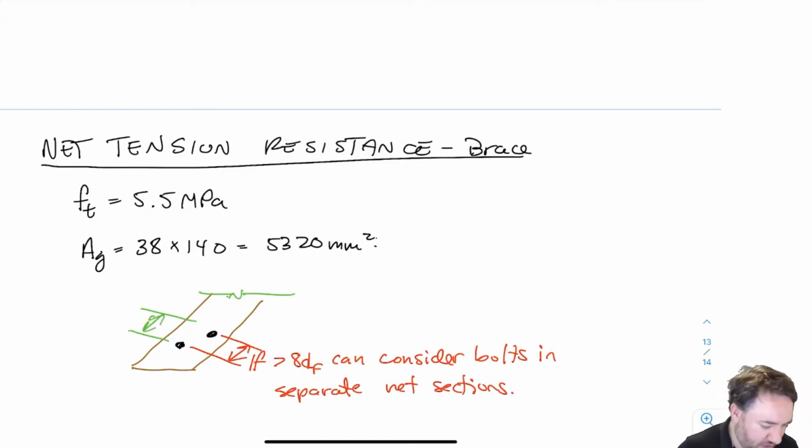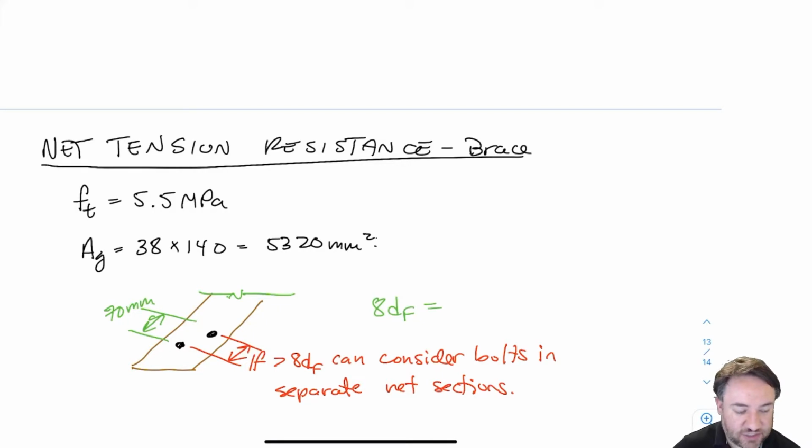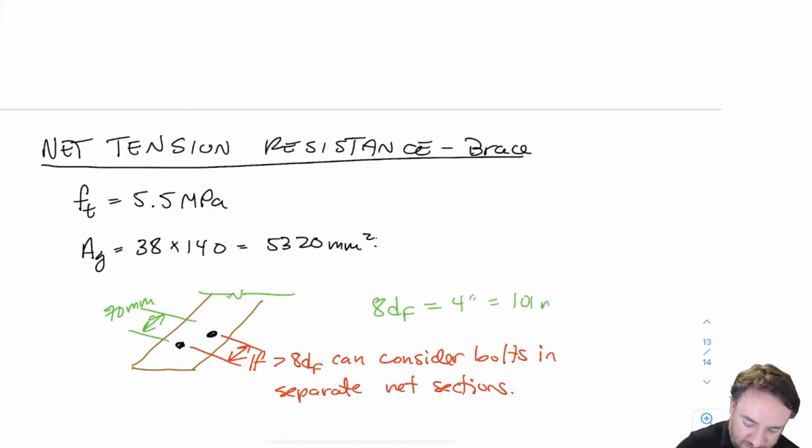What is the separation here? It is, I believe, 70 millimeters, right? And 8 df equals 8 times half an inch, so that's 4 inches, equals 101 millimeters. Okay, so that's no good.